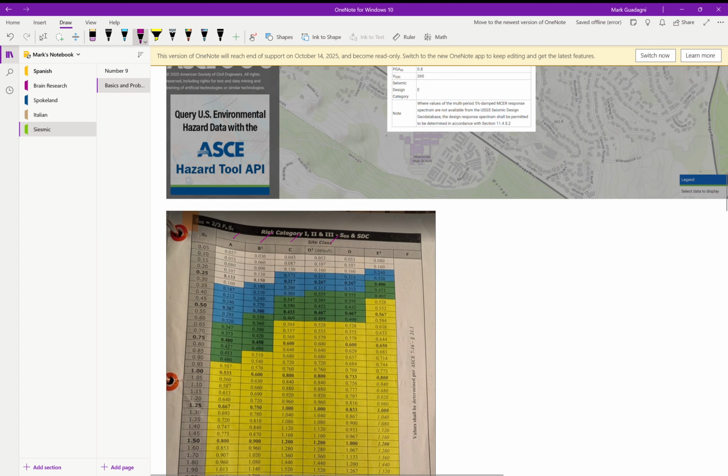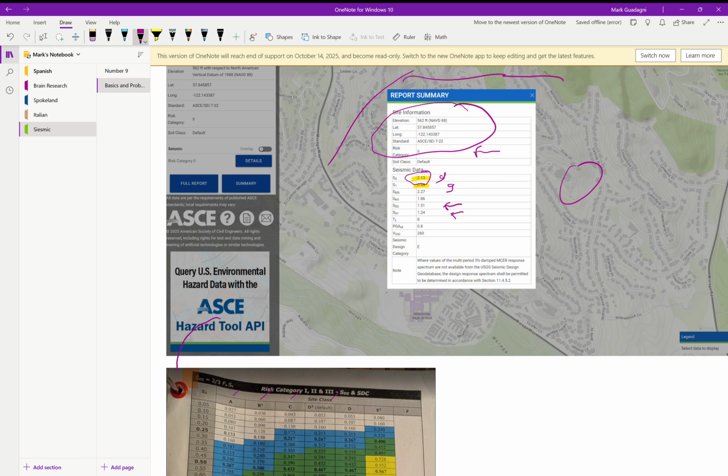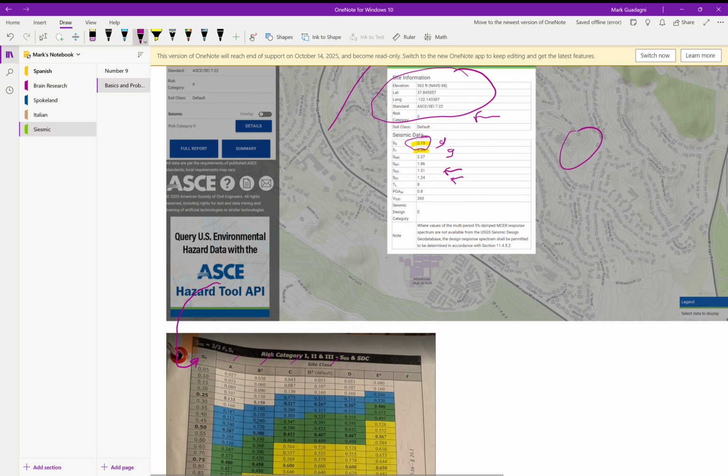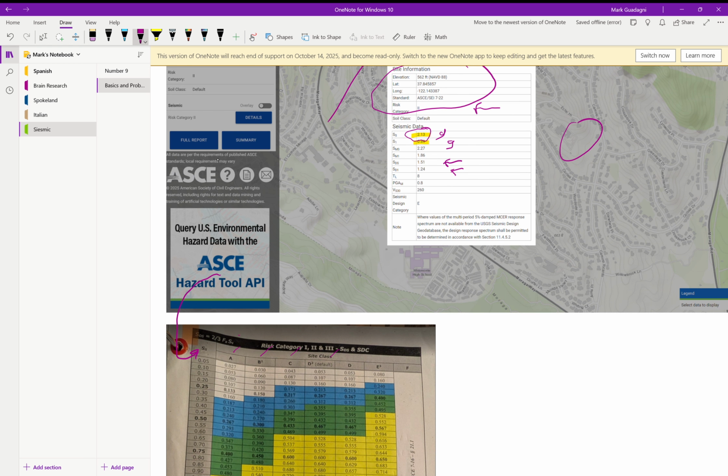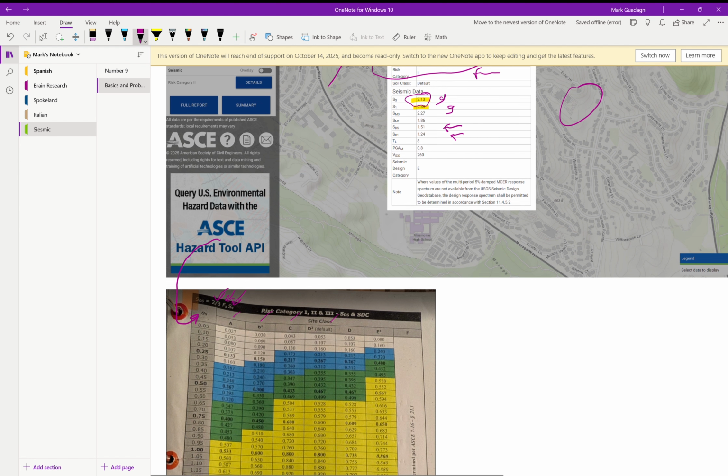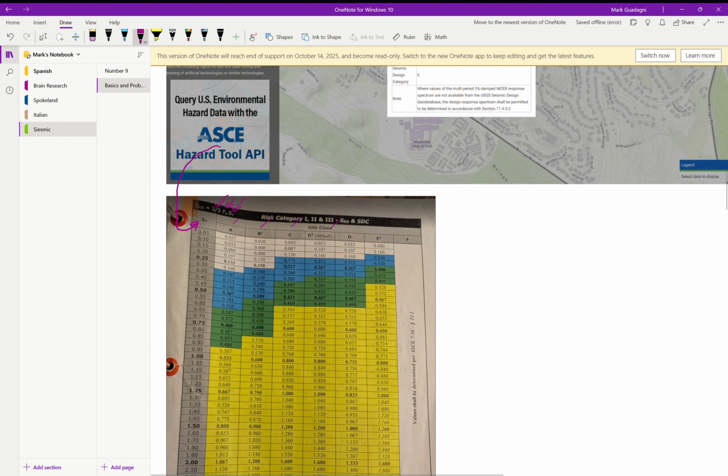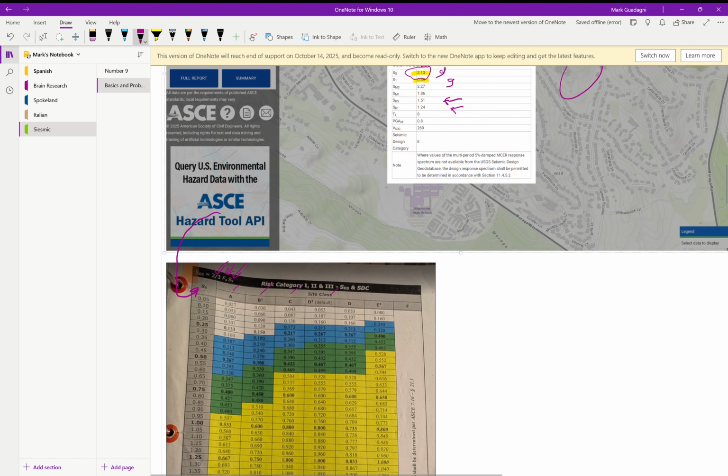So once you go into the problem and they tell you this, you can either do this formula, which is 2/3 F sub A, which is a function of what material you're on, times S sub S, but they've made these shortcut tables where all you have to do is just look.